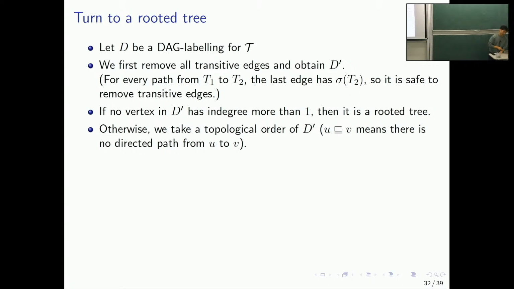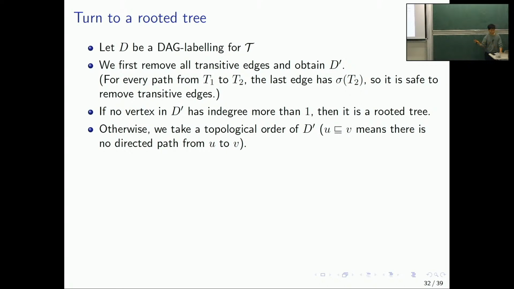And so we have to turn it into an undirected tree. It's more or less a rooted tree, but at the end we change it to an undirected tree. So assume that you now have a DAG-labelling as before.